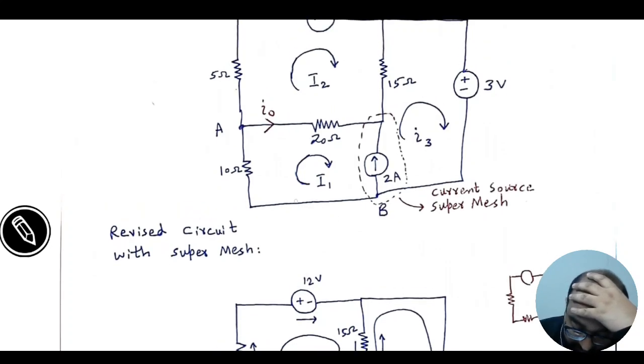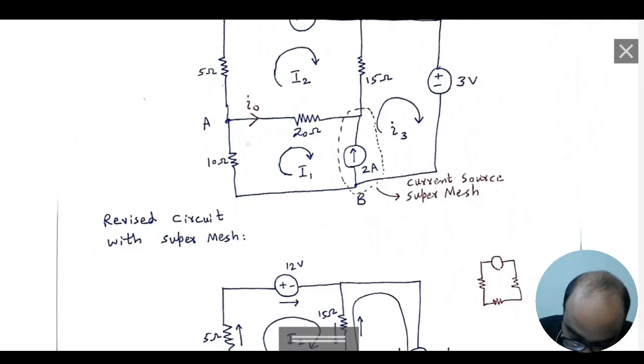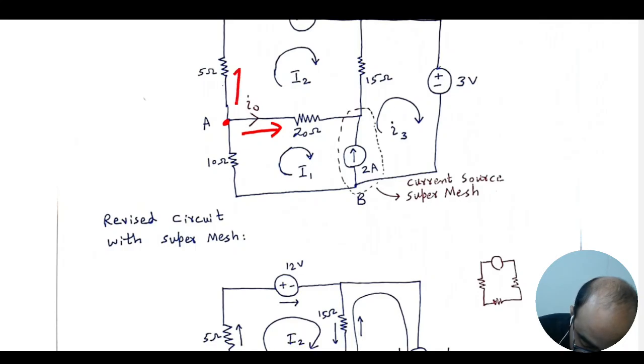By applying KCL at node A, we can apply current entering is equal to current leaving. You can see here at node A, I naught is leaving, and with reference to I2, it's leaving, and with reference to I1, current is entering. Hence, we have two currents leaving and one current entering.